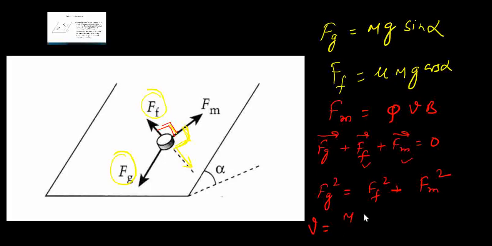You will get the value something like mg by qB under root sine square alpha minus mu square cos square alpha. Get this value.